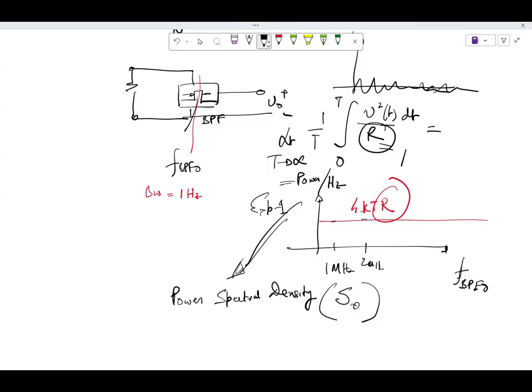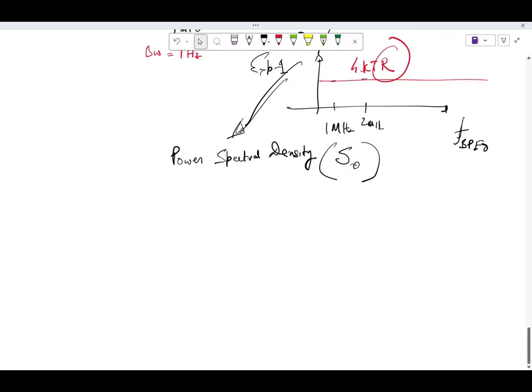But just to give you one intuition. You saw that I had a resistor, and if I put a galvanometer or an ammeter and short it, I'm going to get some current I, in fact IT, in terms of time also. You can think of this as a Norton equivalent.